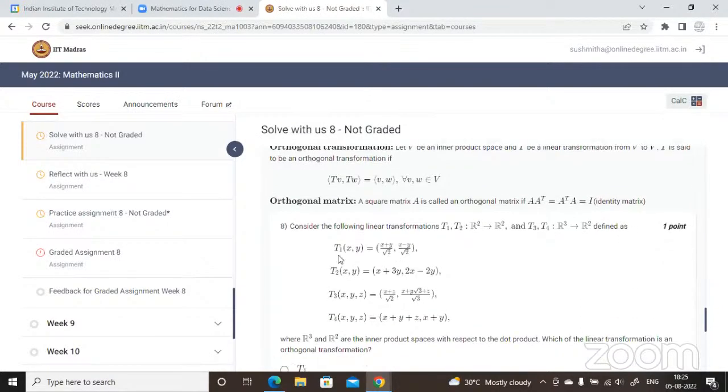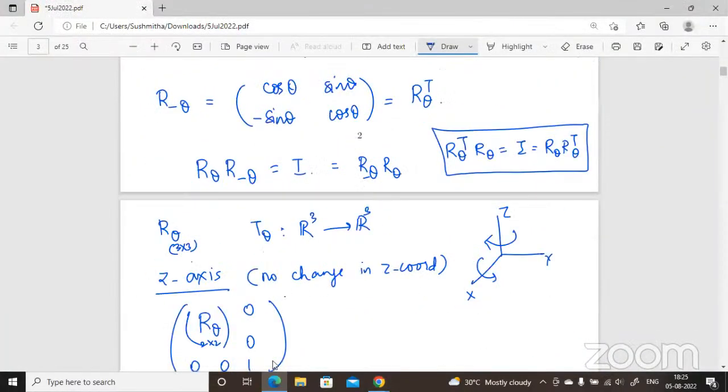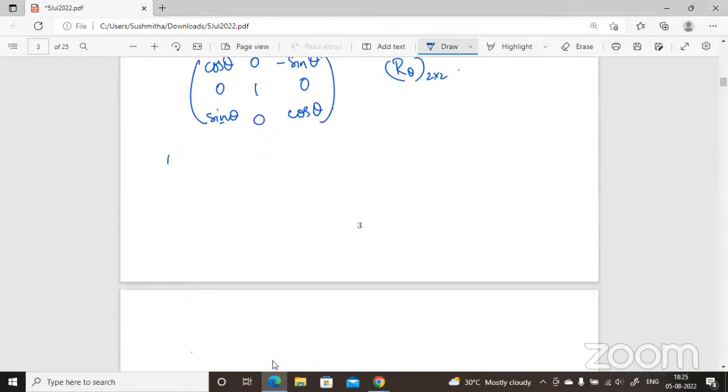Okay, so the first example here, T of x comma y is given as (x plus y) by root 2, comma (x minus y) by root 2. So how will we check whether this is an orthogonal transformation or not?